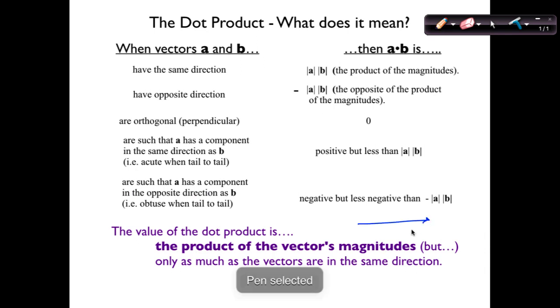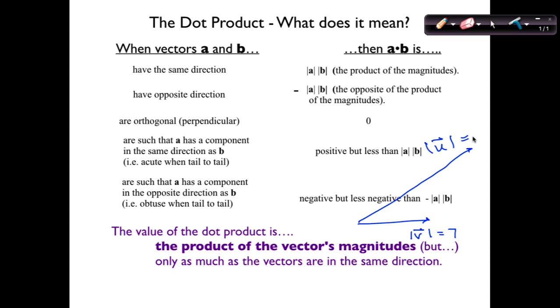If you had a vector whose magnitude was 7, and another vector whose magnitude was 11, then the maximum value of the dot product will be what? 77, okay? And this one will be less than or greater than 77? Less than. So it will be only 7 times this much of u. Whatever that much of u is, times 7 will be the dot product. Does that help?